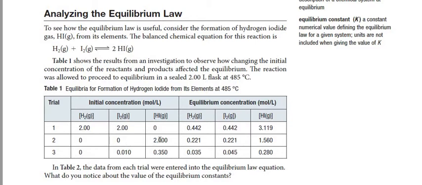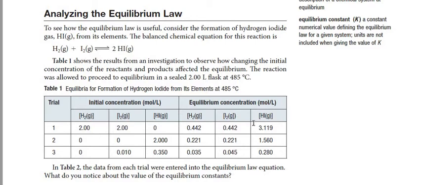For the second one, we have HI, but we didn't have any hydrogen or I2. And on the third one, we have some I2 and some HI, but we didn't have any H2. And as you see here, at equilibrium we have these different equilibrium molar concentrations.